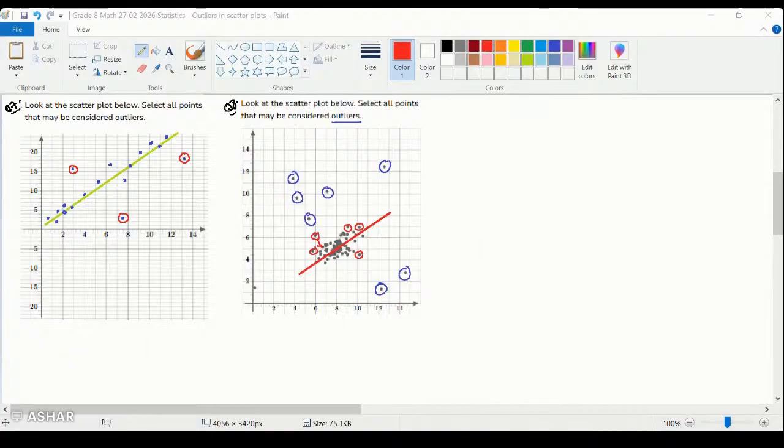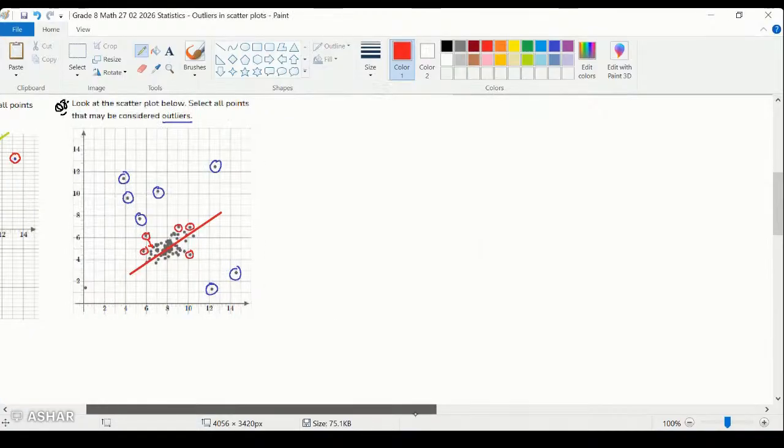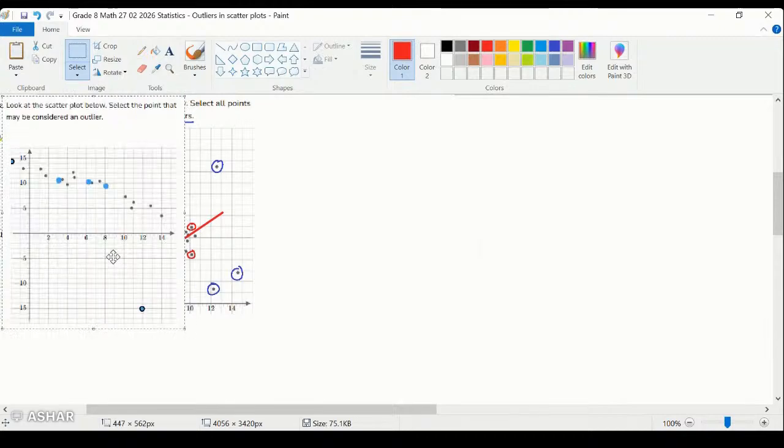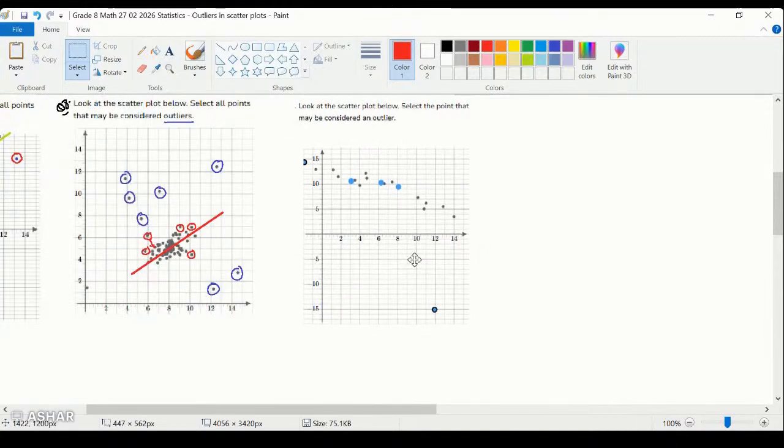For the next question, they're telling us question number 9. They have given some points and they want us to identify the outliers.